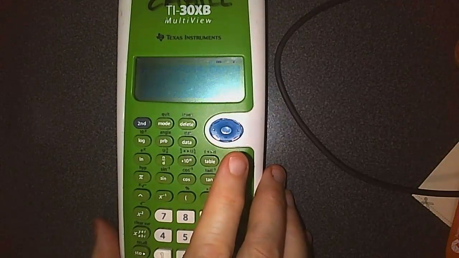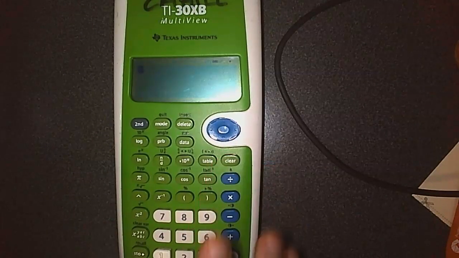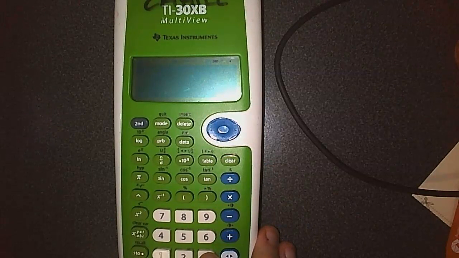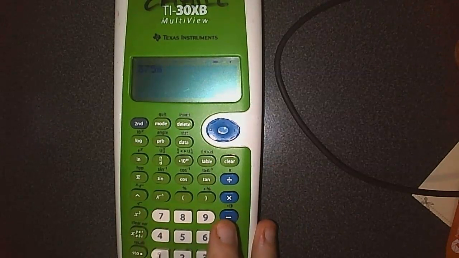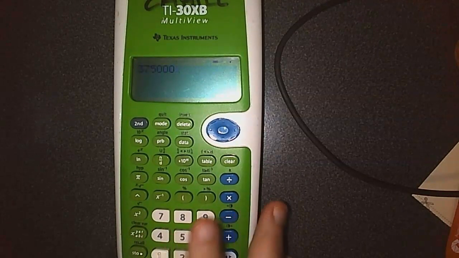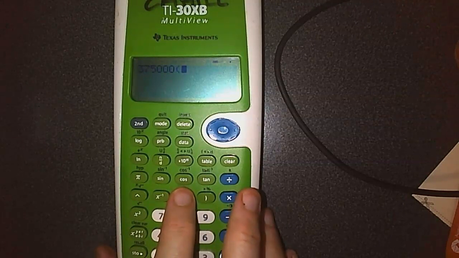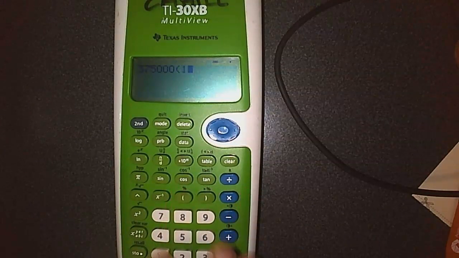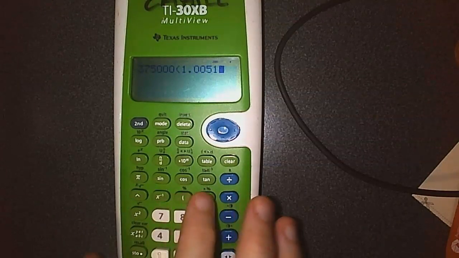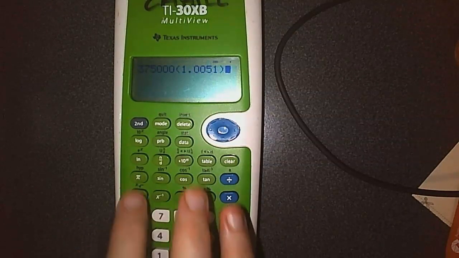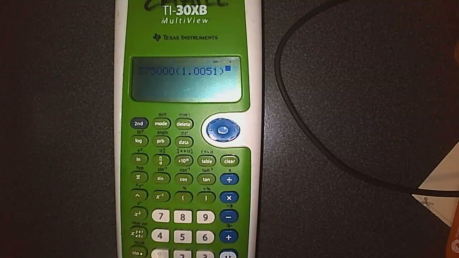clear all my previous information, and I'm going to do the first part, 375,000 multiplied by 1.0051, close brackets, to the power of 120.